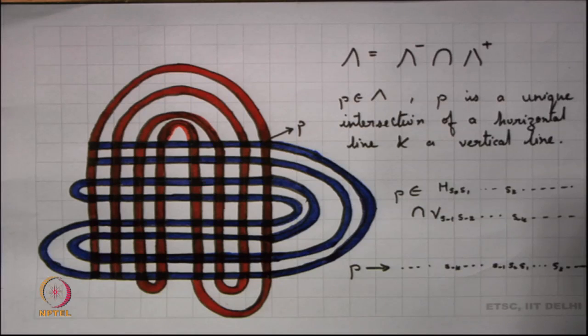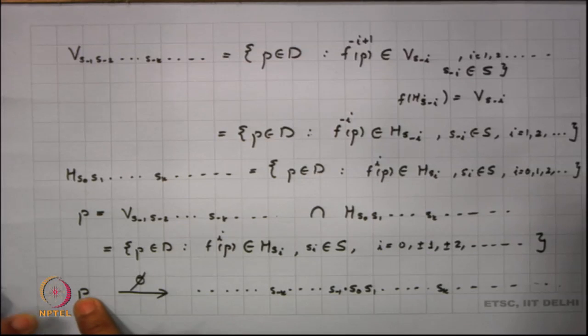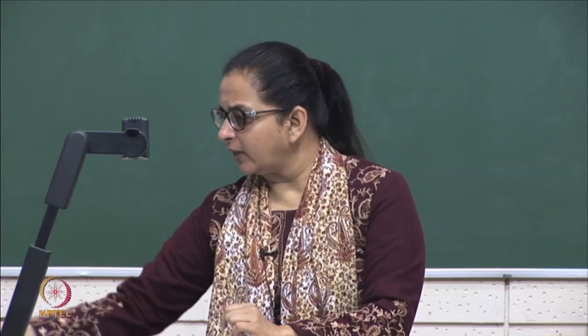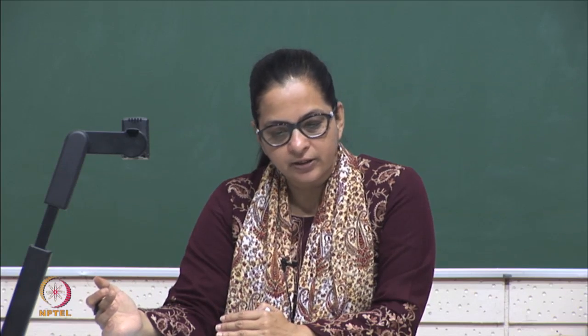One thing is clear to us: this association is in such a manner that whenever I say that p is associated with this particular sequence, I have in mind that f^i(p) always belongs to H_{s_i}, whatever my i is, negative or positive. So our conclusion here is that in order to understand the dynamics of p, it is enough to understand the dynamics of the bi-infinite sequence.